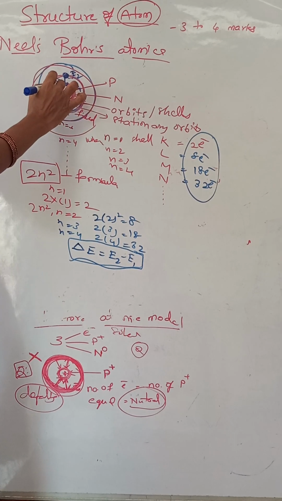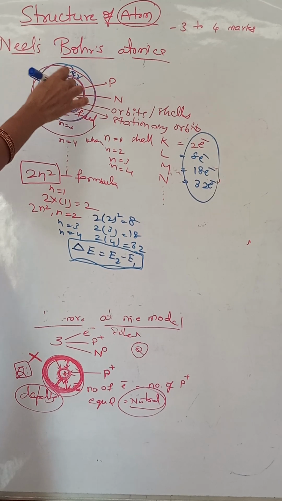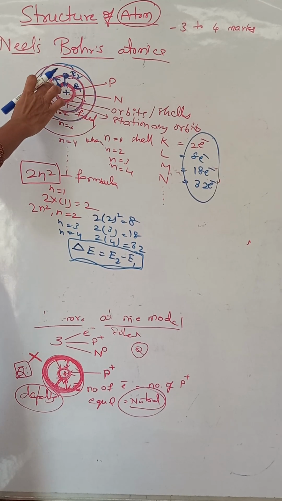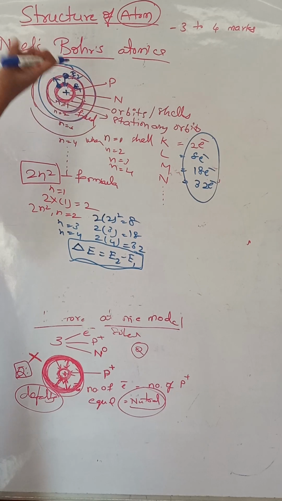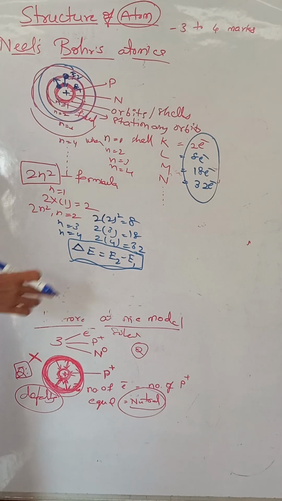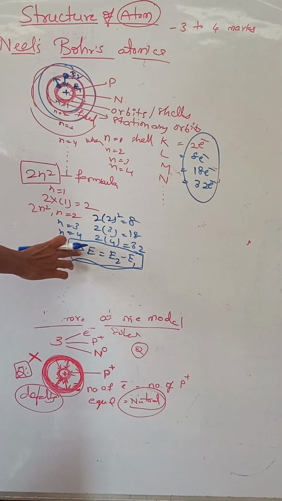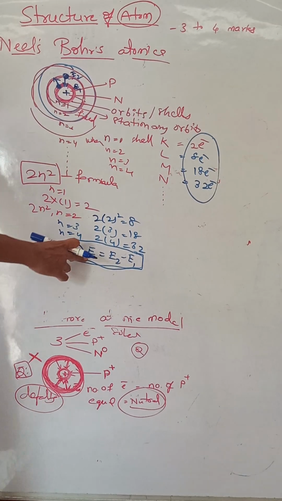After that, E1 electrons want to jump to the E2 shell, that means the second shell. At that time they absorb energy. That type of absorbed energy we indicate as E2. These are the energy levels.